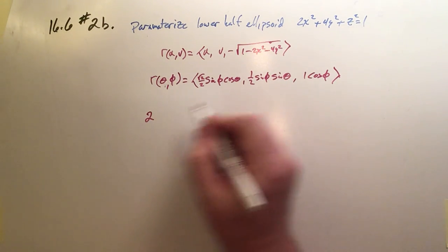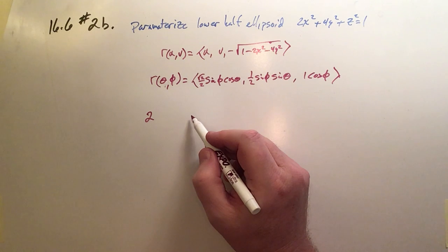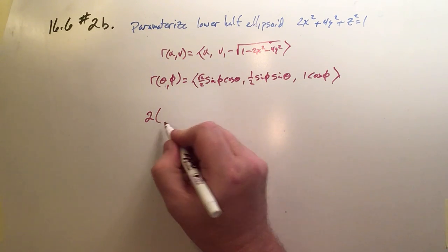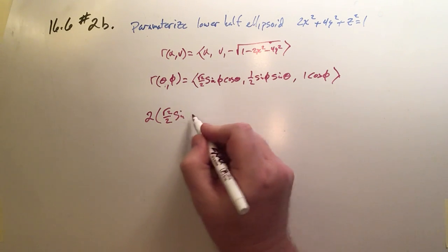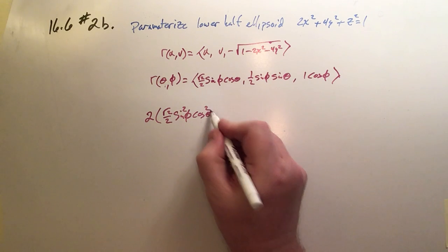So we're going to get 2 times radical 2 over 2 squared, sine phi squared cosine theta squared.